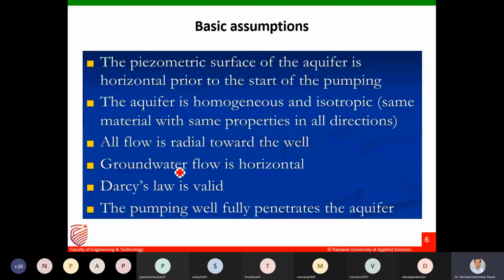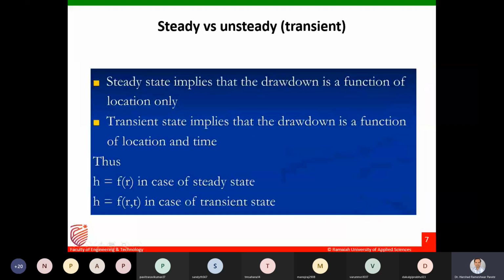Then what is steady and what is unsteady or transient flow? Steady state implies that the drawdown is a function of only location. When the drawdown is a function of location and time, we call it a transient or unsteady state.